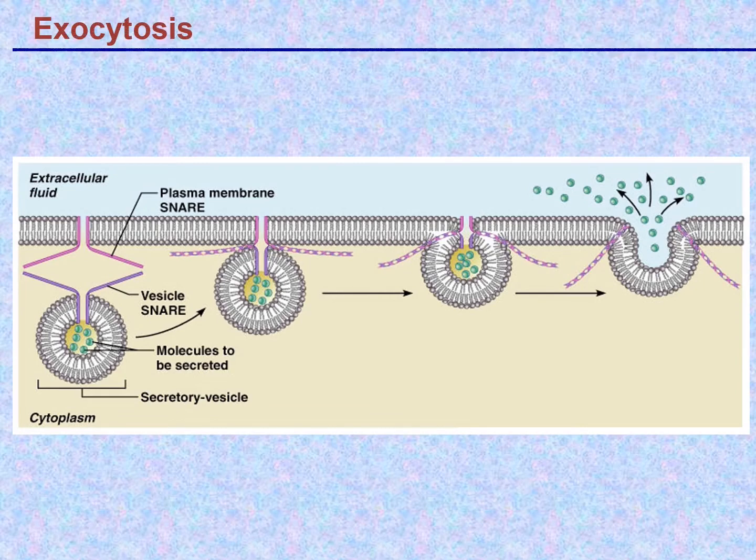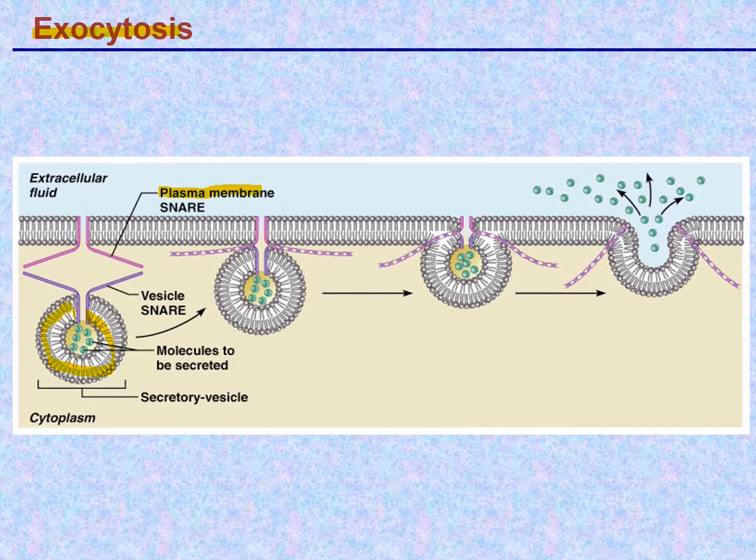Here you see an example of exocytosis. Here there are some molecules that the cell needs to secrete. The cell has synthesized these molecules and will secrete them. There are lots of secretory types of cells in the body. You see the phospholipid bilayer surrounding the molecules inside this vesicle, and the vesicle moves up to the plasma membrane, the cell membrane, and fuses with it.